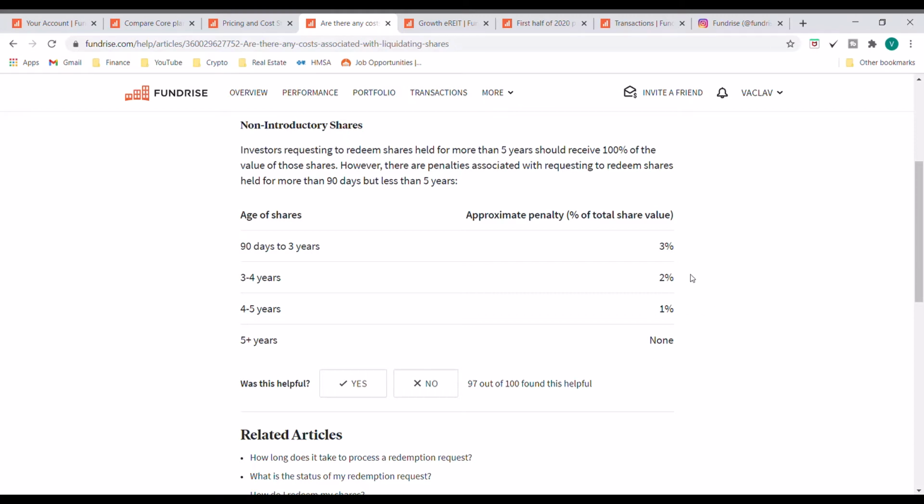And that's just because this is not a brokerage company. They don't try to buy and sell right away. This is a long-term growth investment company. So they want you to invest your money for a longer amount of time so they can actually make your money grow.